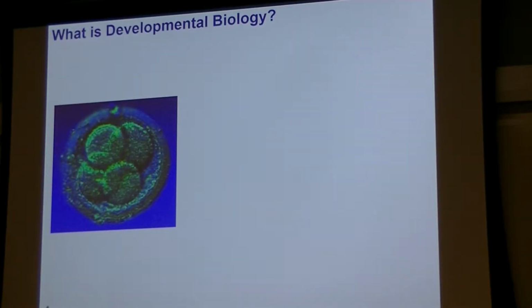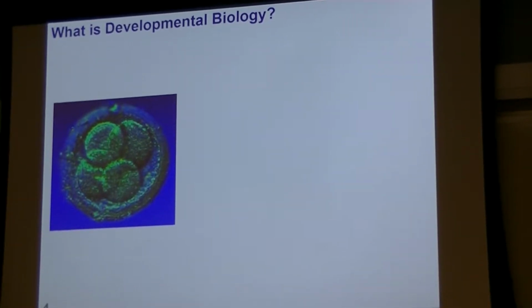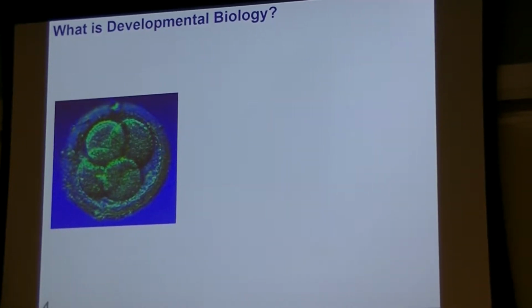Okay, so developmental biology, starting from the very biggest picture, what are we talking about in this field? In many cases, organisms start out as a fairly amorphous blob of cells, if you will. They all start out as a single cell that divides a couple of times. There's no real head or tail at this point. It's hard to define what's the front side, what's the back side.